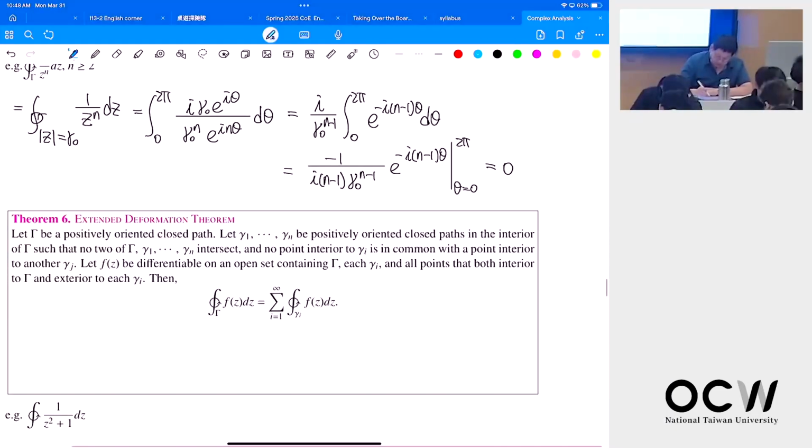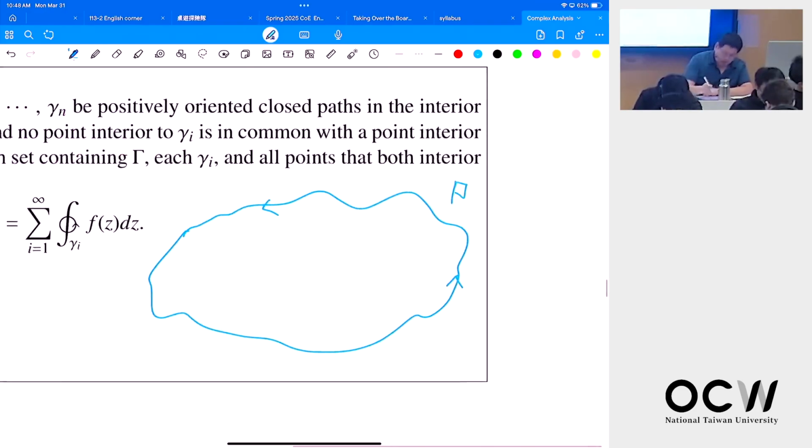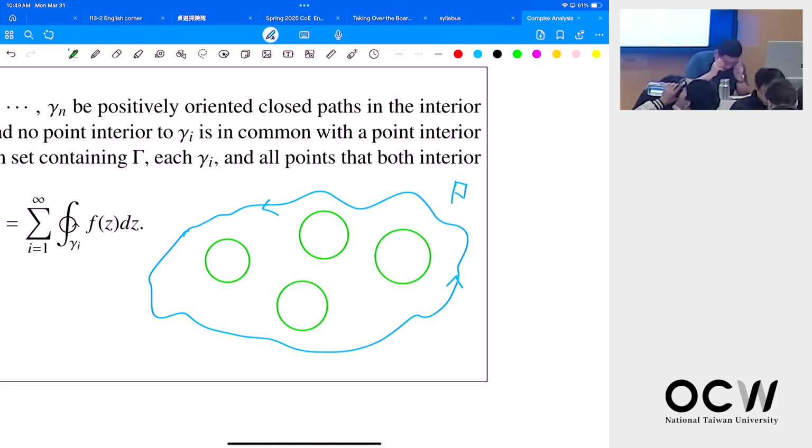That means if I have here, this is tau, and I have gamma 1 first. So I have gamma 1, gamma 2, gamma 3, gamma 4.